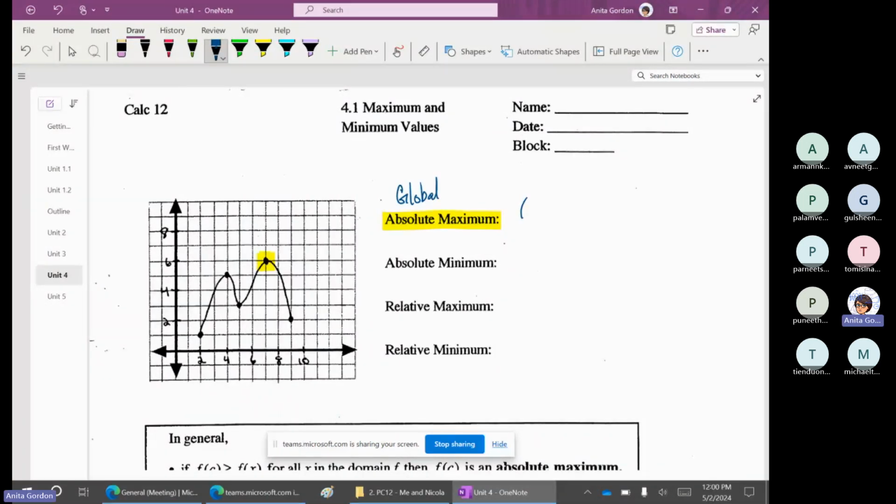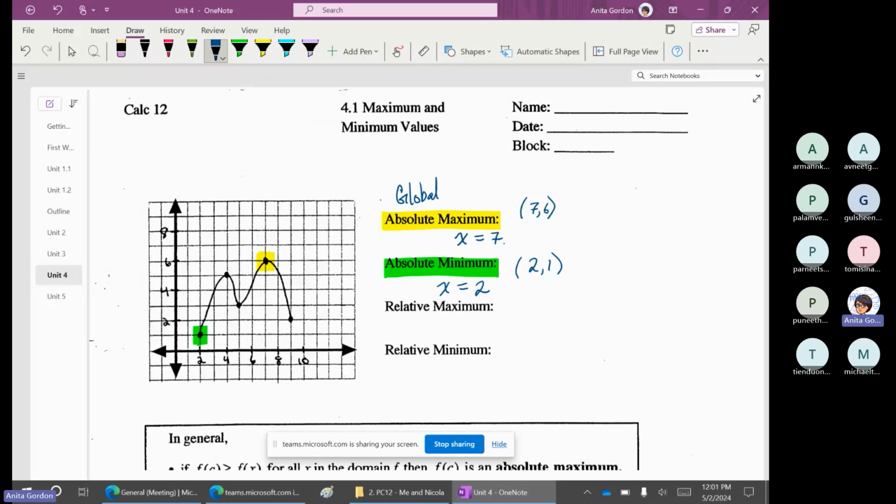The coordinate for it is (7, 6), and it occurs when x is 7. So when we are looking at maxes and mins, we're looking at the location of them on the x-axis. So an absolute maximum occurs when x is 7, and an absolute minimum occurs at the lowest point of the graph, which occurs here. The coordinate for this one is (2, 1), and the location is at x equals 2.